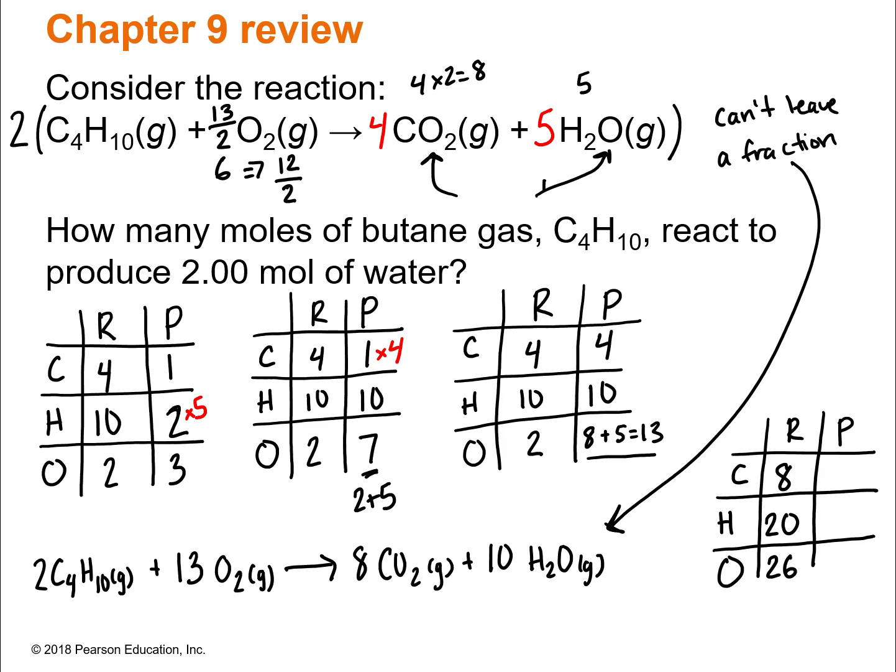That's 13 times 2. For the carbons, we've got 8. For the hydrogens, 10 times 2 is 20. For the oxygens, we've got 8 times 2, which is 16. And 10 times 1, which is 10. And that gives us 26.